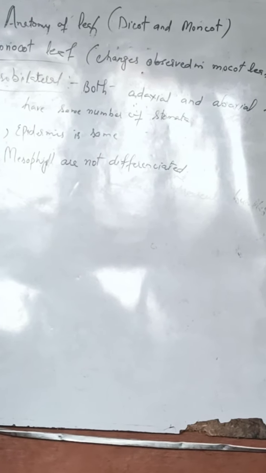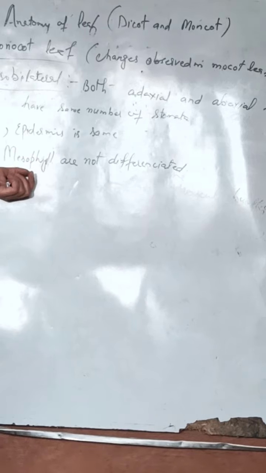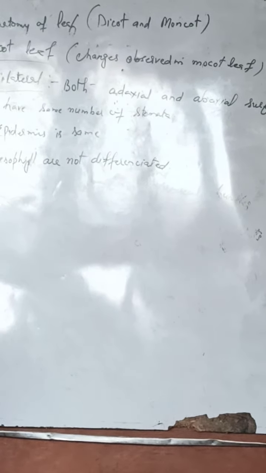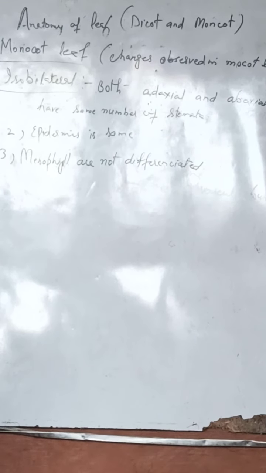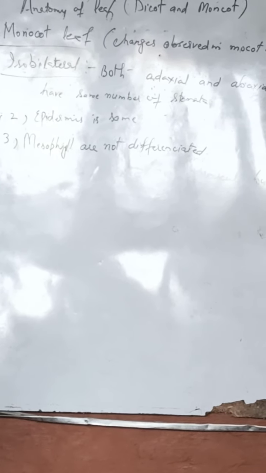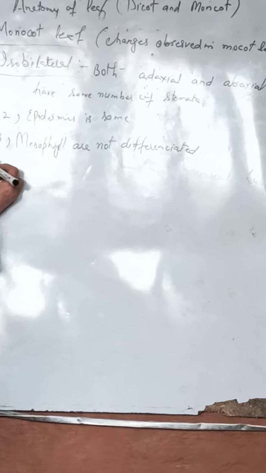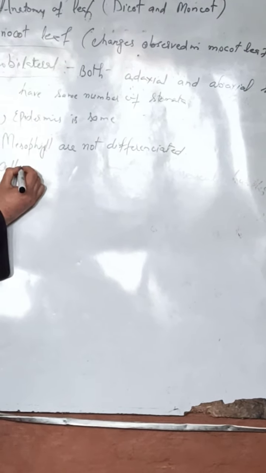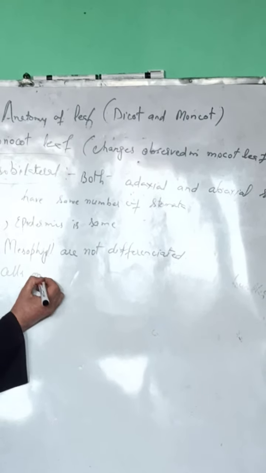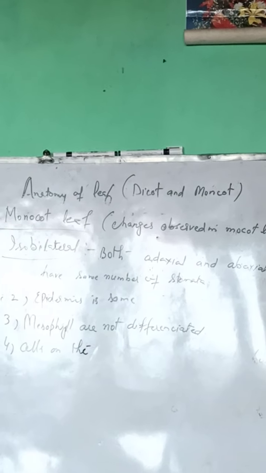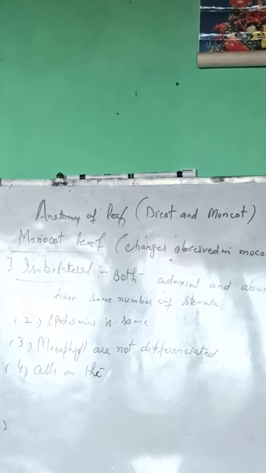But in case of monocot leaf, these mesophyll cells are not differentiated. Now there is another feature that cells on the adaxial surface get modified.